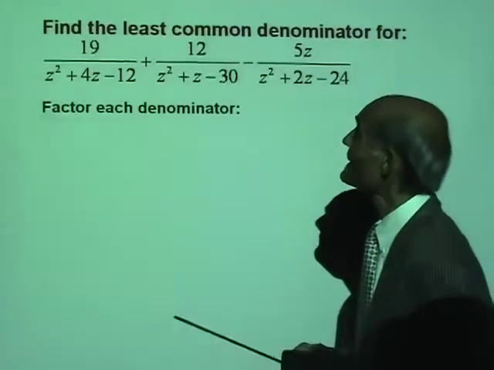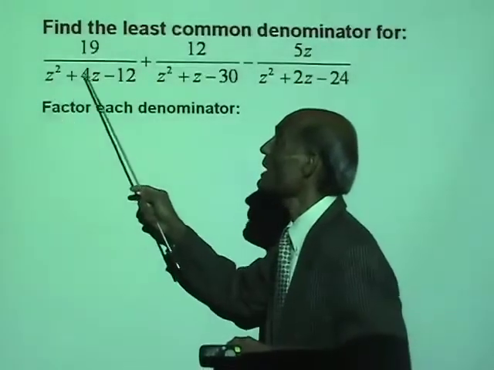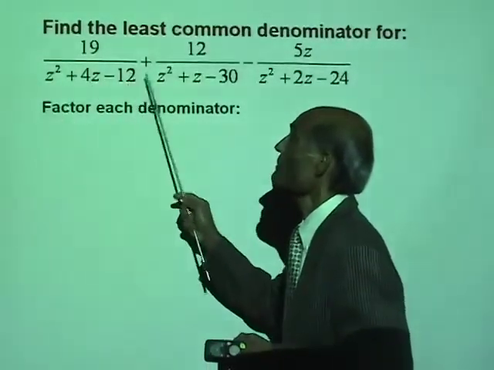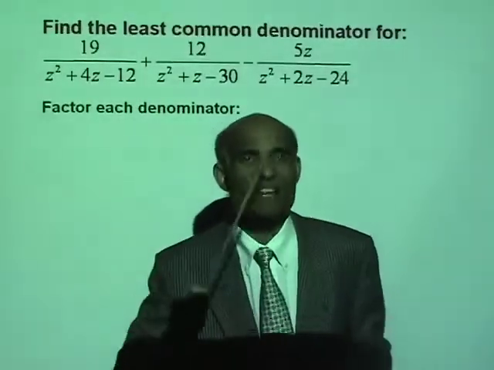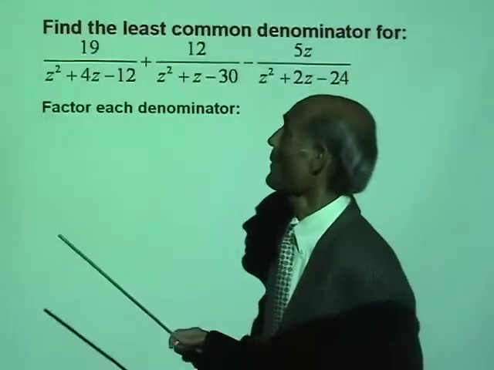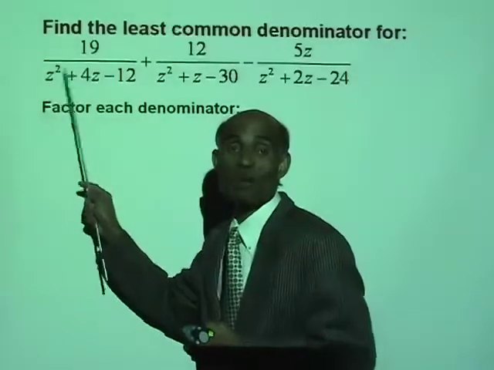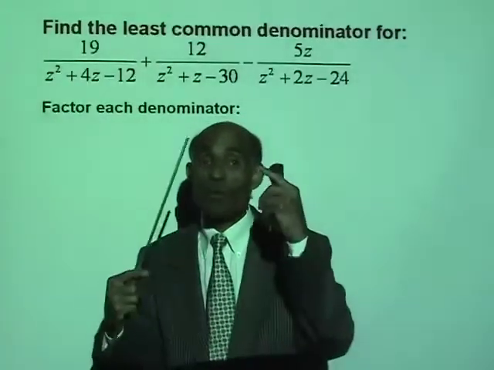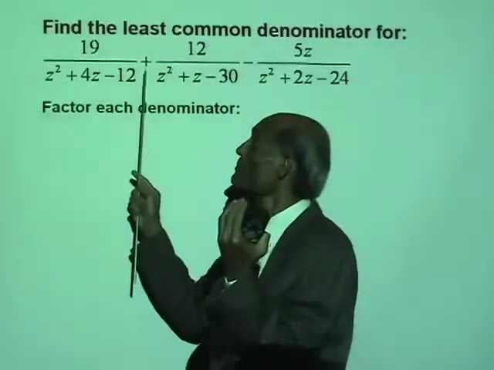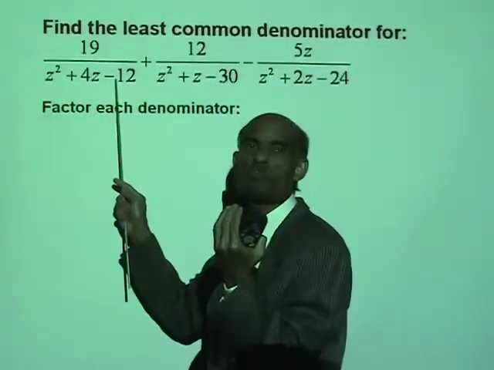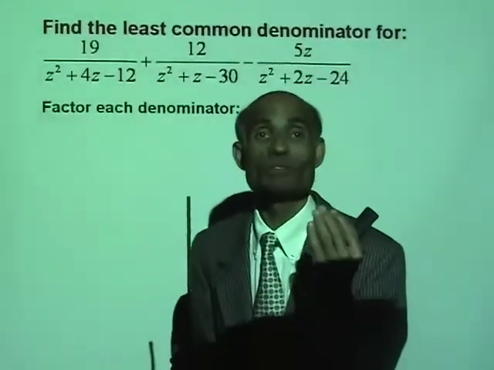Okay, factor each denominator. Can you help me factor z squared plus 4z minus 12? You don't need to write down anything. You can factor that in your head. Now how? Because the coefficient of z squared is 1, you simply work out in your mind what two numbers will multiply to give negative 12 and add to give positive 4.